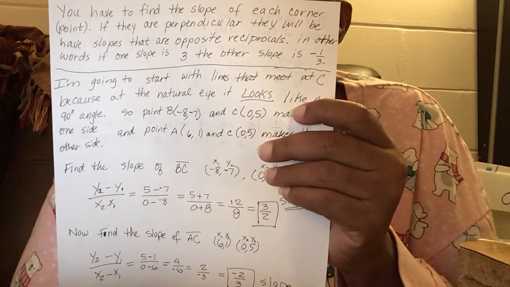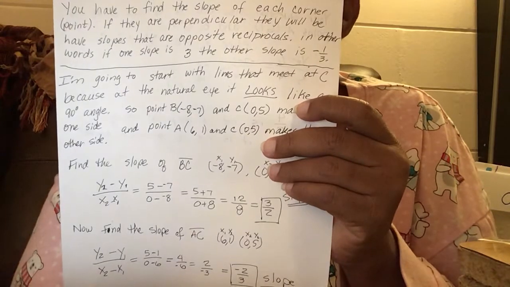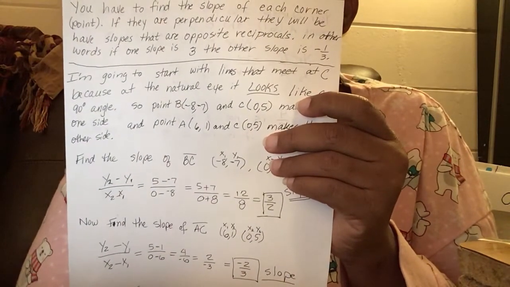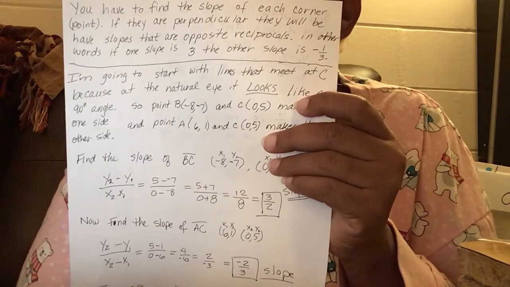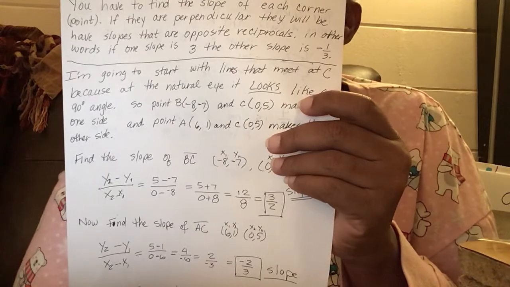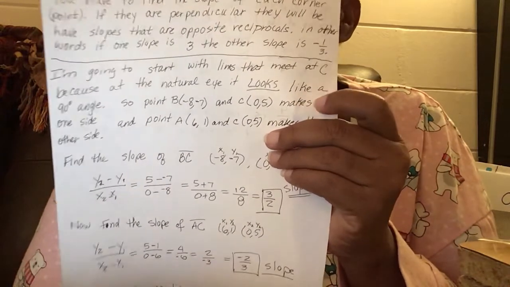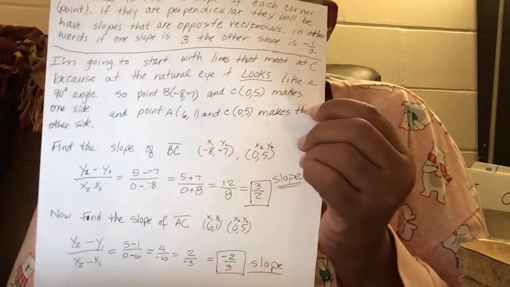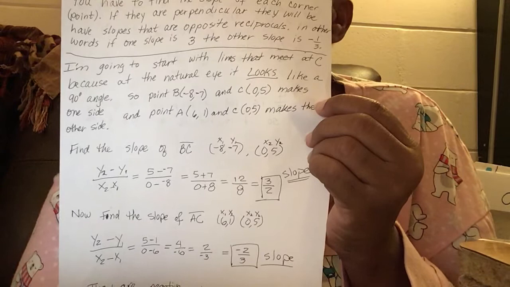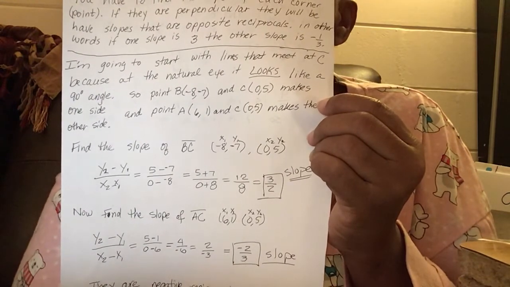In other words, if one slope is 3, that means positive 3 over 1, the other slope is going to be negative 1 over 3. So I'm going to start with the lines that meet at C, capital letter C, because to the natural eye, it looks like a 90-degree angle.